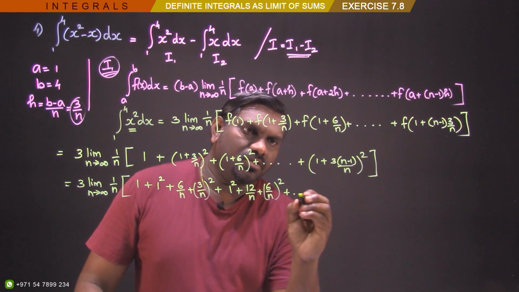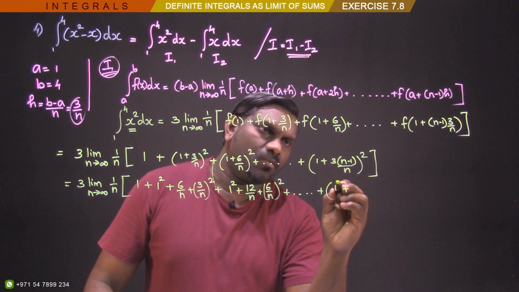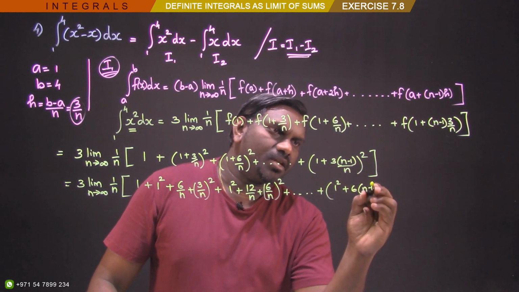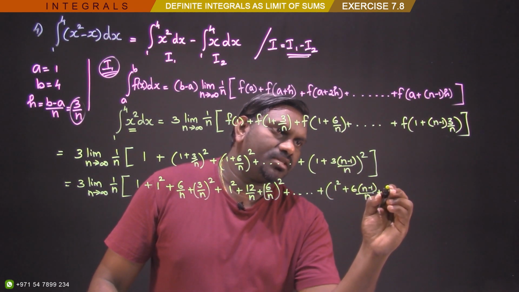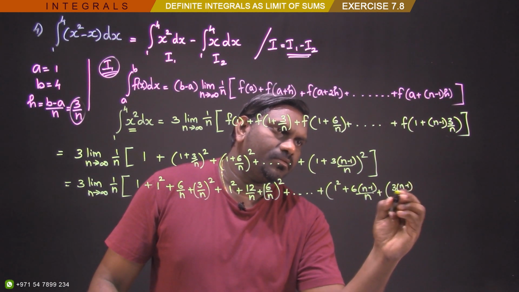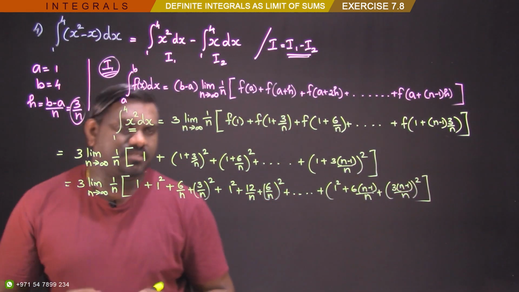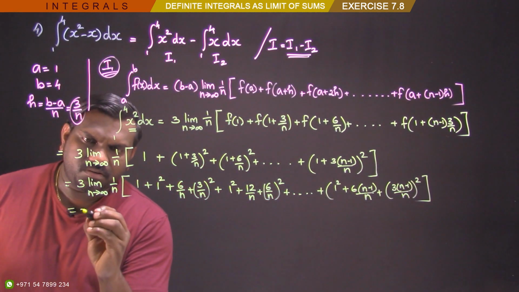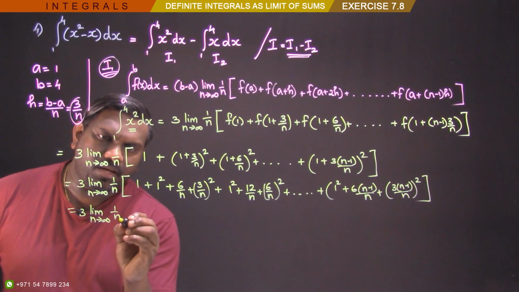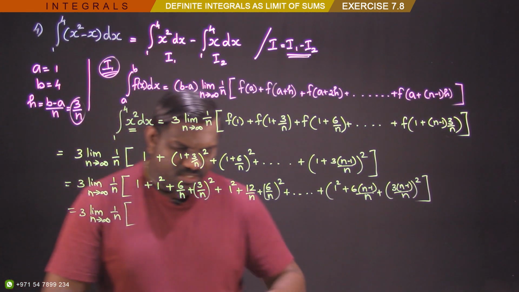Then as it goes on, you will get 1 square plus 2 into 3 times n minus 1 by n, that is 6 n minus 1 by n. Do it yourself, okay? And this whole thing is going to be the whole square, right? Yes. So 3 limit n tending to infinity 1 by n, and this thing, can you see here?